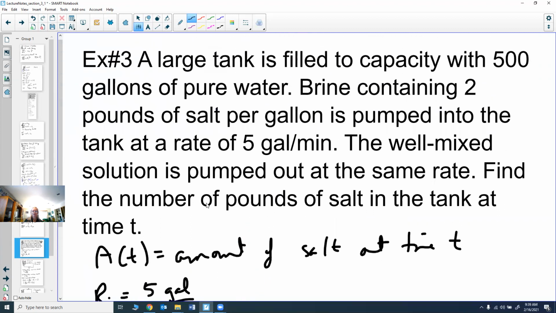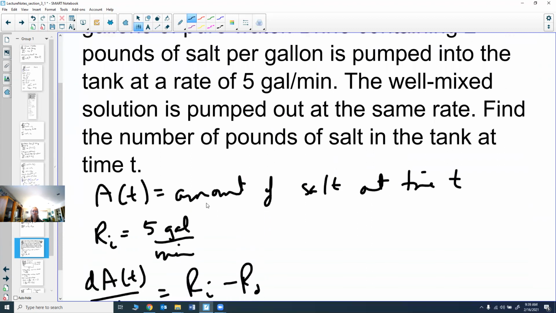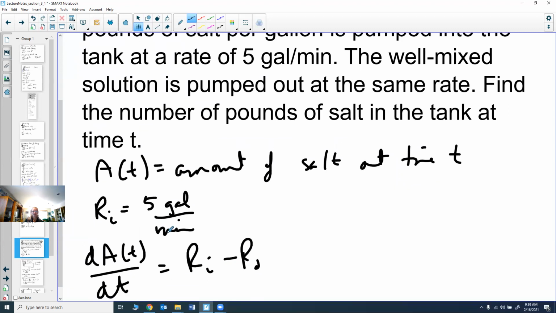So I use my units to help me. I have 2 pounds of salt per gallon. I look at my units and notice that my gallons will cancel and I'll be left with pounds per minute. So I find out it's 10 pounds per minute is my rate in.